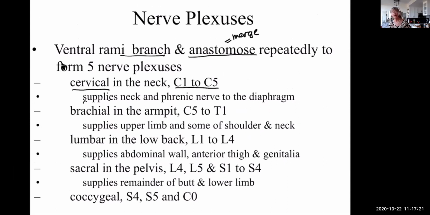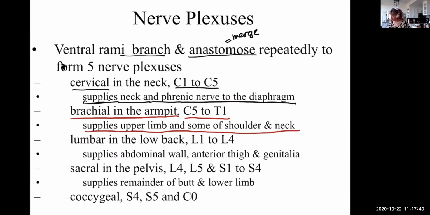It supplies, there's another word for innervates, supplies the neck and the phrenic nerve to the diaphragm, for example. The brachial plexus in the armpit, C5 to T1, supplies or innervates the upper limb, some of the shoulder and neck. You should definitely remember this part of the plexus.